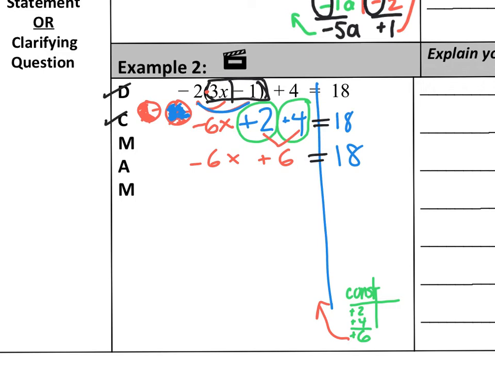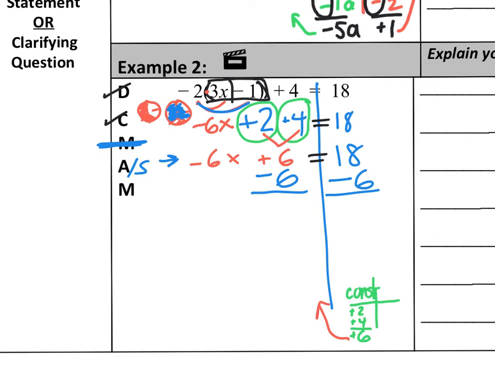Okay, now it becomes a normal two-step equation. Remember, we don't have the x just yet. So next I have to add or subtract. Well, that's easy. I always work with the side that has a variable, which means this time it's the left side of the equal sign. So you take this expression, and I'm going to do the opposite of positive 6, which is negative 6. Okay, so do that on both sides.